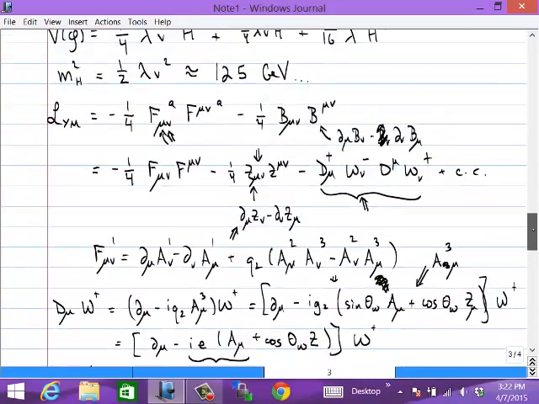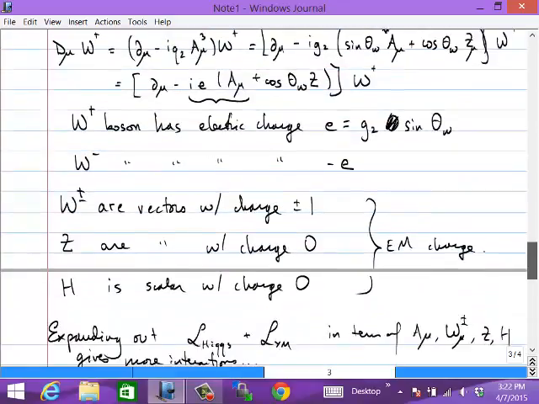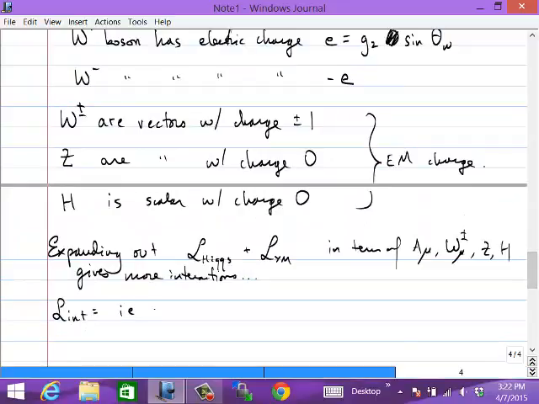When you take, say, this term here and rewrite it in terms of the W's and the A's, you'll get various mixing terms. So for example, you'll get a term that looks like F mu nu times W mu plus W nu minus. Where does that come from? That comes from the expansion of F mu nu 3 squared.